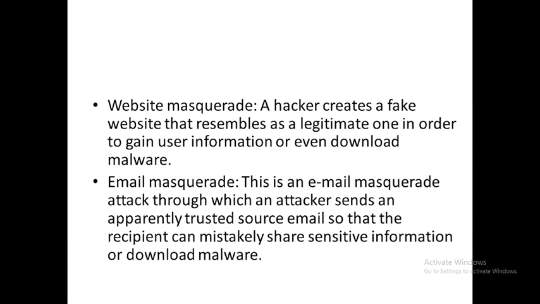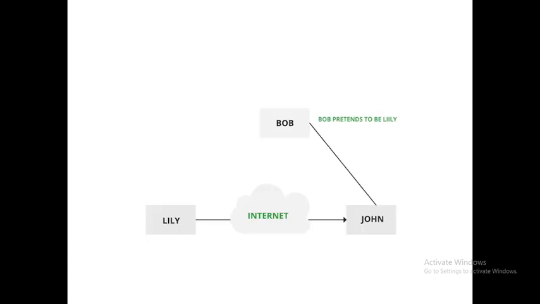The masqueraders will send mails like trusted banks: we are so and so from this bank, kindly fill in your information, we need to check your KYC. Like that, they will send fake emails, get the sensitive data, and then do the attacks. Or they will ask you to download something from the given mail. Once you download it, your system gets hacked and all your data will be corrupted by that person. This is known as the email masquerade.